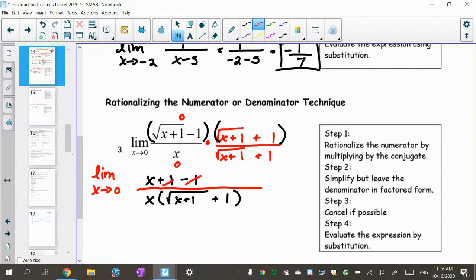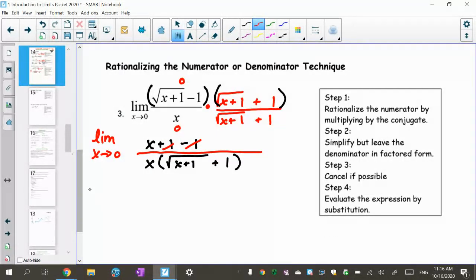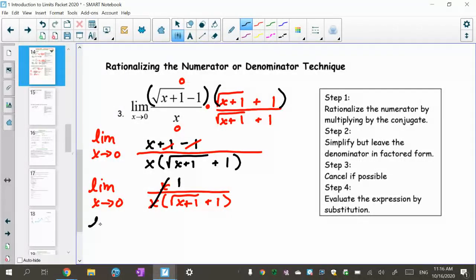So now I have the limit as x approaches 0 of x over x times radical x plus 1 plus 1. Now, as I look at this again, I say, wait a minute, this is a factor. I can divide these two to make a 1, or cancel, if you will. So I have the limit of 1 over radical x plus 1 plus 1.